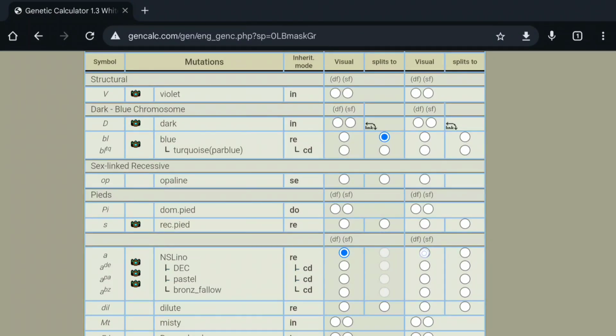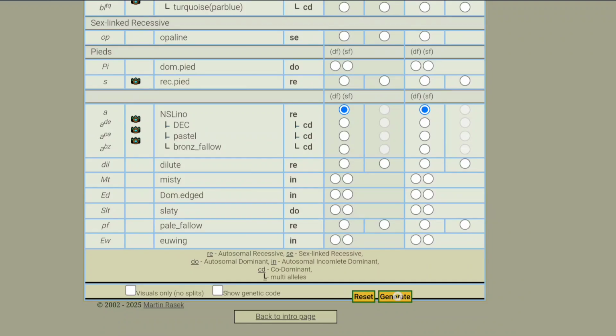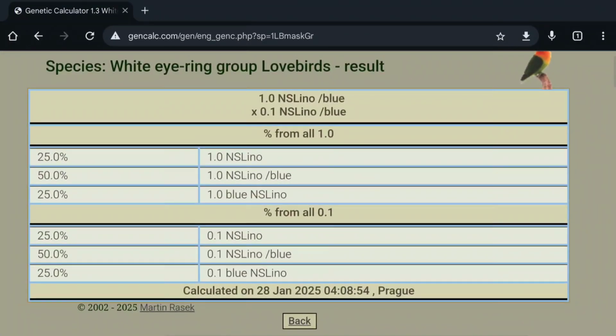Again we had female babies which were Lutino Fishers visually, but they were split for blue. And when we breed these babies together, we get this thing you see here. So we had a Lutino Fisher male split for blue and a Lutino Fisher female split for blue, and male babies, female babies.